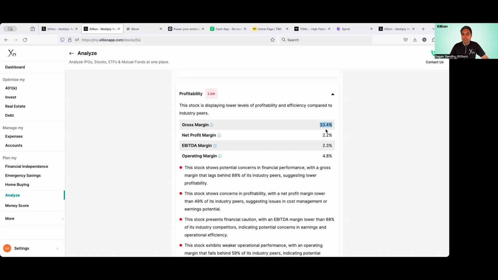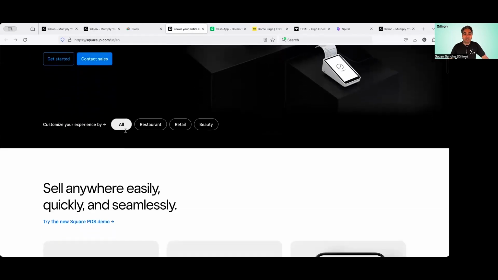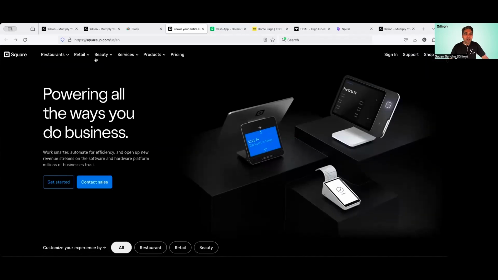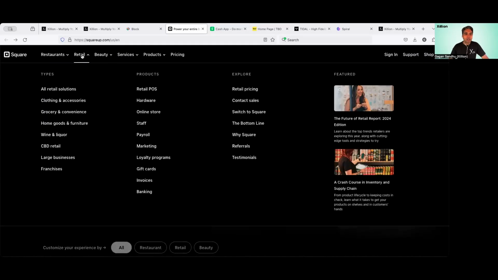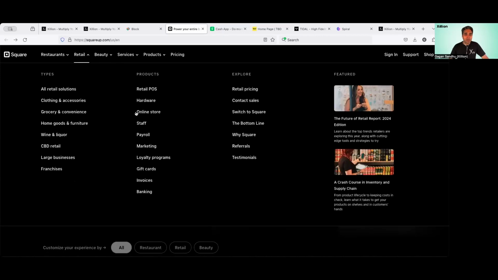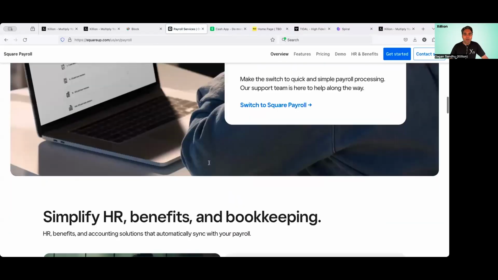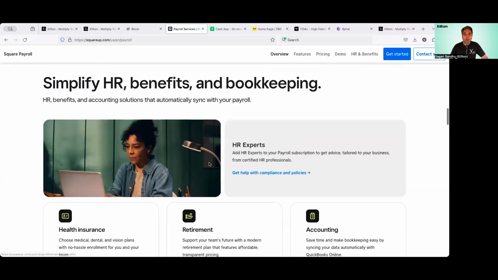The good thing here is payments are always a low margin business, but Square offers all these value-added services on top of that. So for instance, if you are a retail or a beauty service or something, you buy payroll. And to buy payroll, you pay some money to Square and you pay every month.